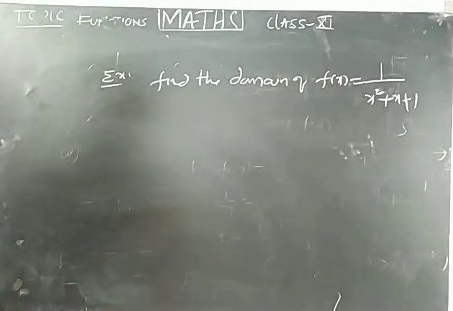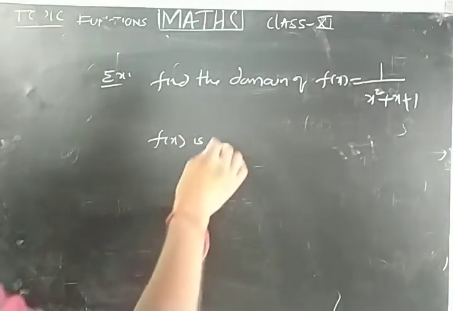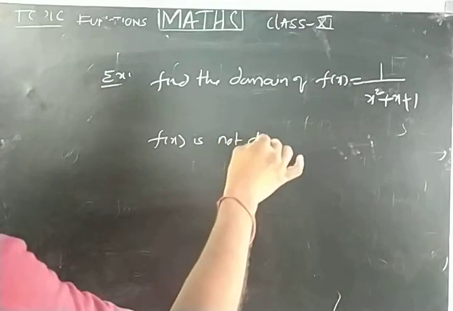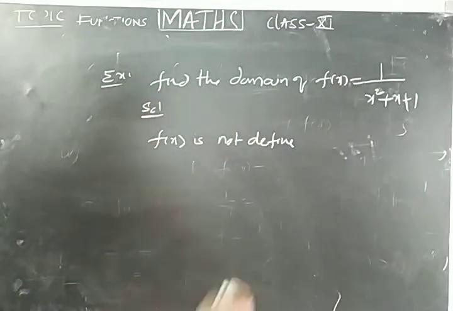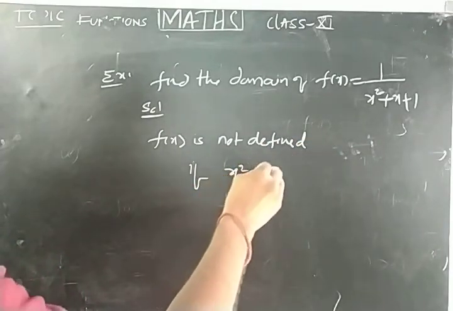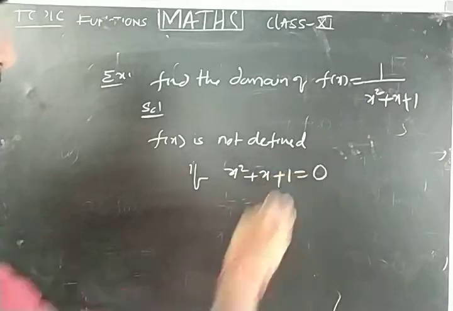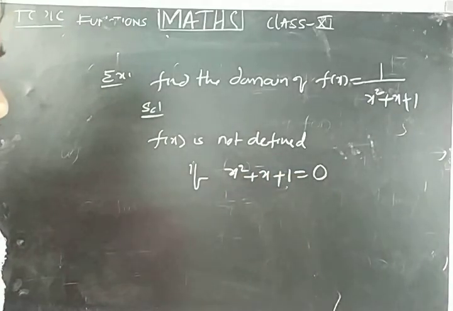See here. Clearly f of x is not defined if x square plus x plus 1 is equal to 0. Can you split it into factors? Not possible. We cannot split it into factors.